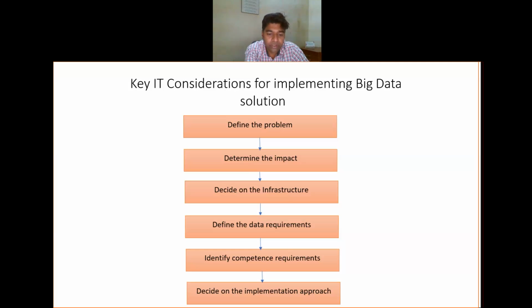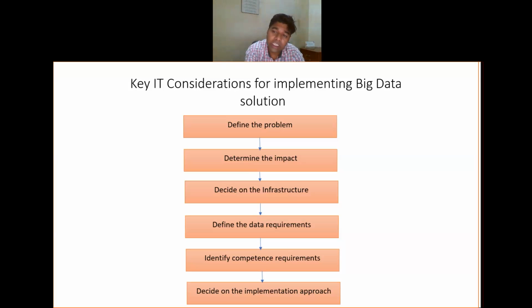Next, once we define the problem, we determine the impact. You have to finalize that this problem can be solved by a big data platform, and then determine the impact, to allow easy integration of the big data and avoid overhead. We also have to know what impact there may be when we integrate the big data solution with the business organization, which deals with lots of tasks.